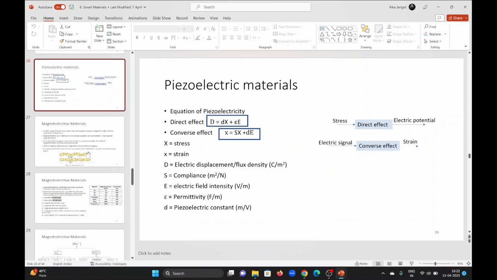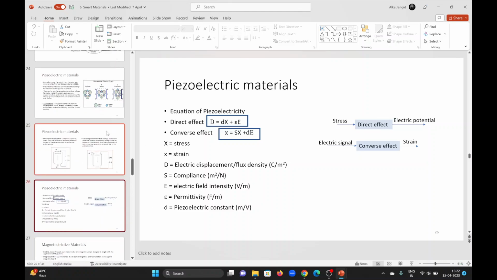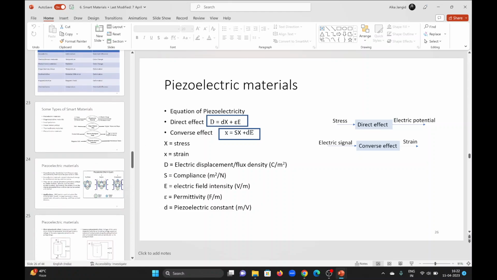Compliance is given here, and d is the piezoelectric constant. By using these you can get them. But sir didn't ask this question, so I didn't add that question here.